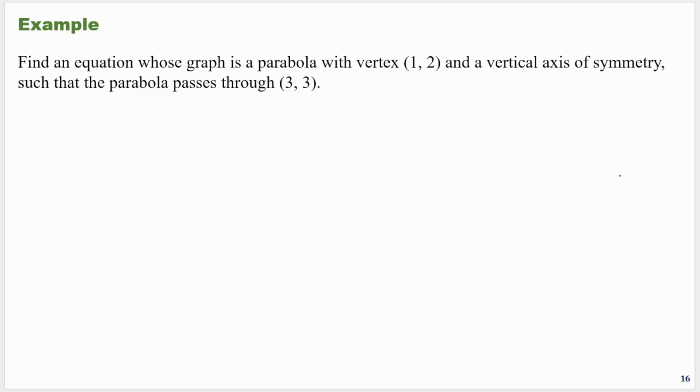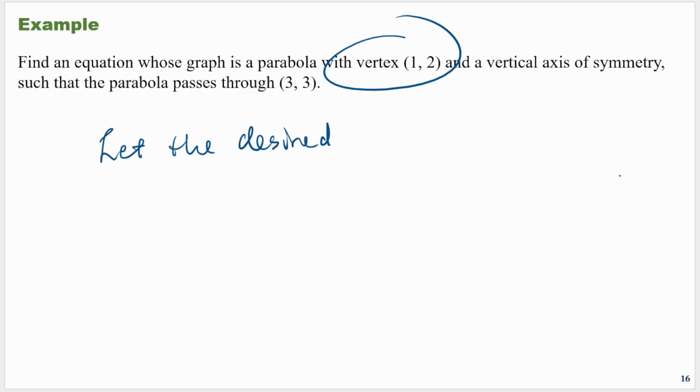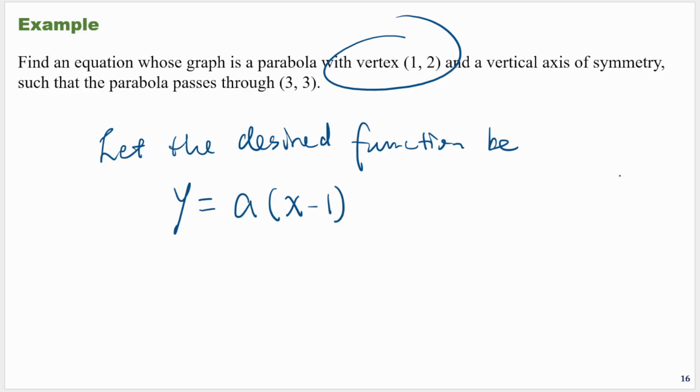Yes. Because if the question tells you the vertex, then we can simply let the desired function be in vertex form, right? y equals a times (x minus 1) squared plus 2. The x coordinate and y coordinate of the vertex, right?